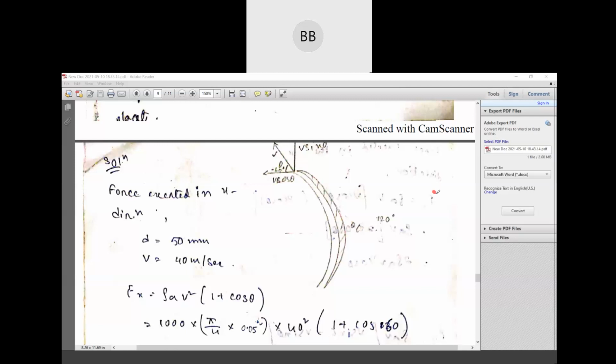It says there is a curved plate which is symmetric in nature. We have a curved plate which is symmetric in nature. That means about the x-axis it is symmetric.